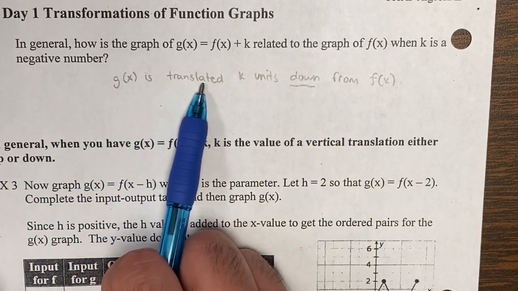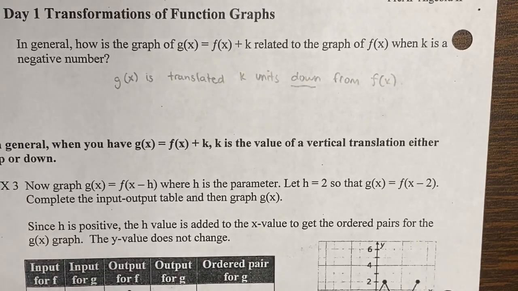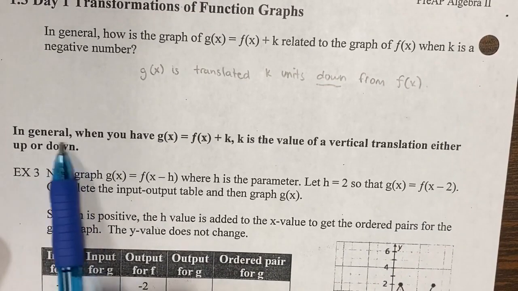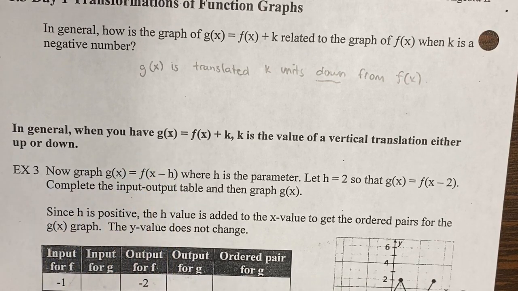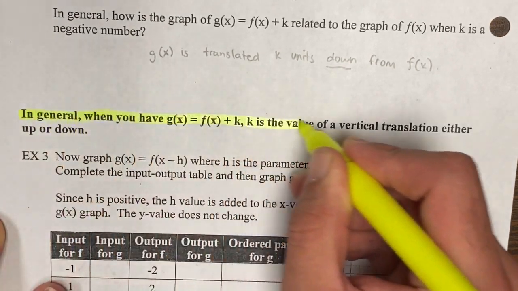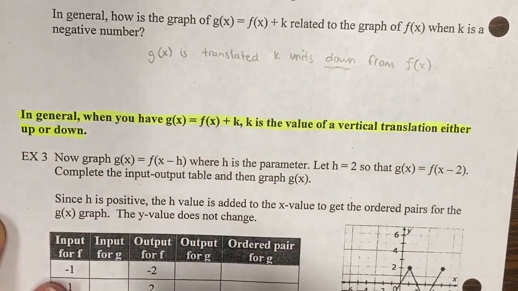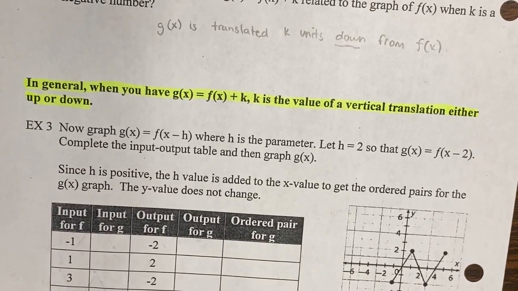Okay, g of x is translated k units down from f of x. All right, so the last part says in general, when you have g of x equal to f of x plus k, k is the value of a vertical translation, either up or down. So I'd probably get a highlighter and highlight that statement so you can remember what the value of k does.